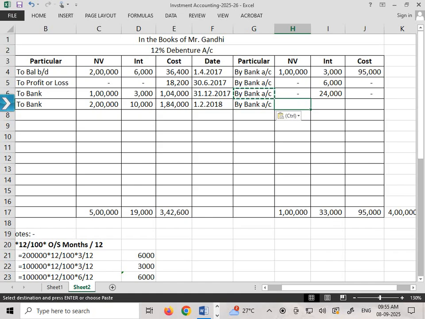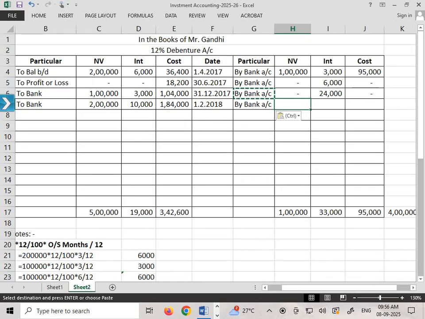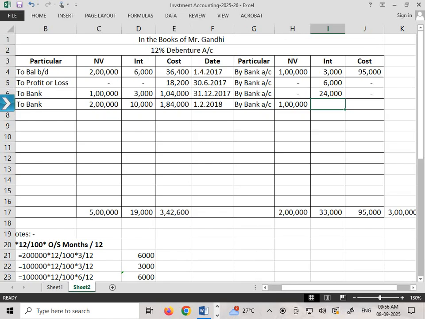How many units sold? 1000. So here 1000 multiplied by 100, 1 lakh. Interest we will calculate. 97 is ex interest on 1st February. So let us find out the interest.